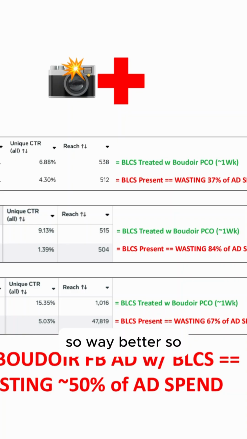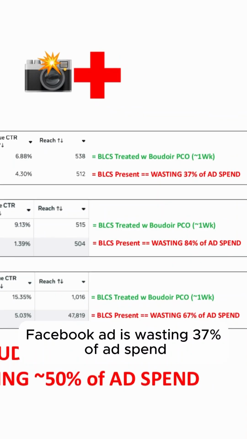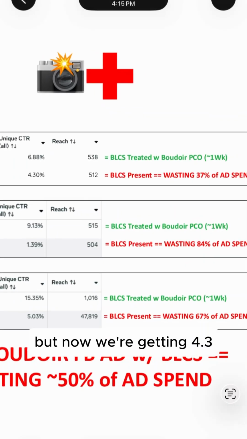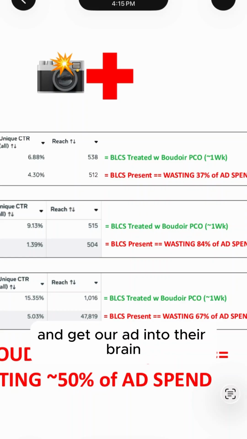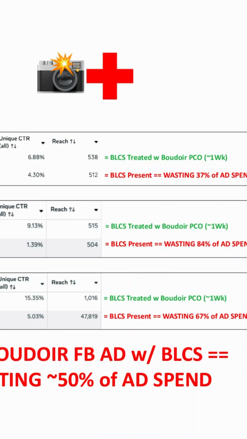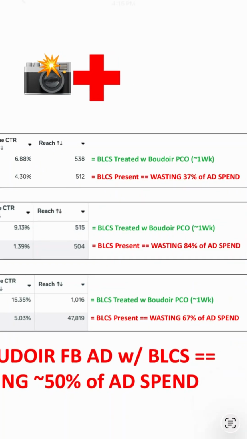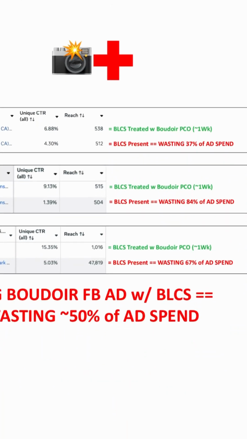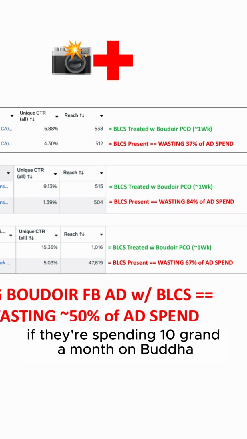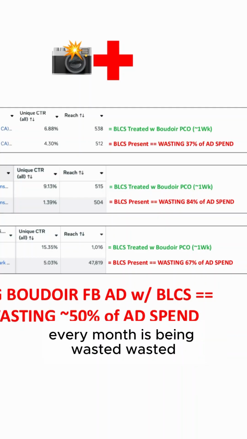So way better. We found out the original Boudoir Facebook ad is wasting 37% of ad spend by only getting 4.3 out of 100 women to click somewhere on it and get our ad into their brain. And the Boudoir Pico treated one is getting to 6.88 out of every 100 women's brains. So if they're spending 10 grand a month on Boudoir Facebook ads, 3,700 bucks every month is being wasted.